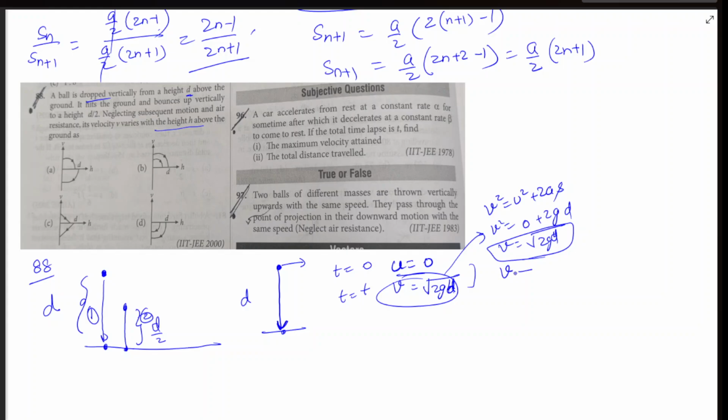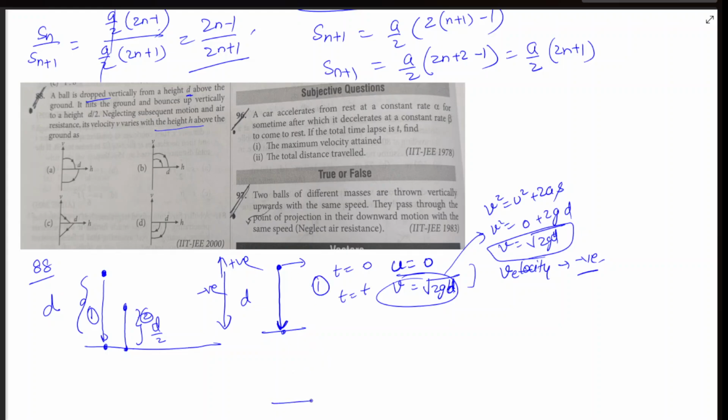So I'm considering downside as negative, and upside as positive. You can take it otherwise, but we have to go with the options. This is for the first path.